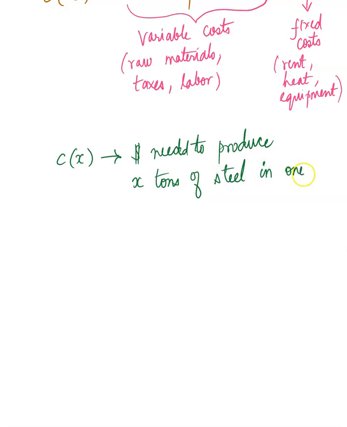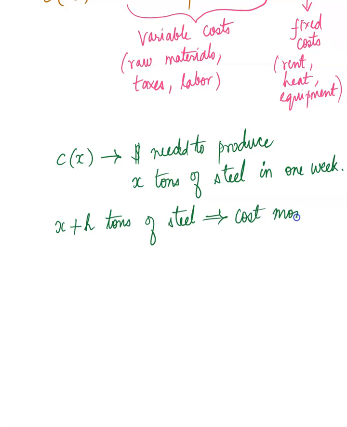Okay, I'm setting up a scenario. So it's the dollar amount needed to produce X tons of steel in 1 week. So if I were to produce X plus H tons of steel, it implies it's going to cost more. Very clearly, you can see that. And this is per week.